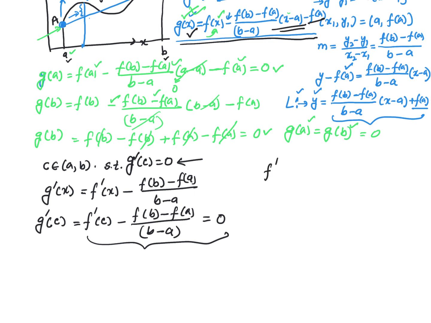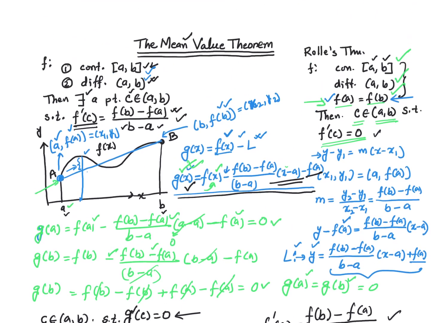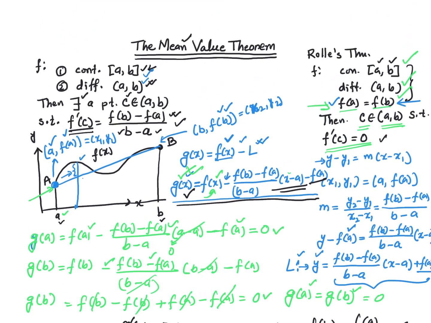F prime of c is equal to f of b minus f of a divided by b minus a. That, by the way, is the exact conclusion of the mean value theorem. So this is what we are trying to show in the mean value theorem, as you can see right here.